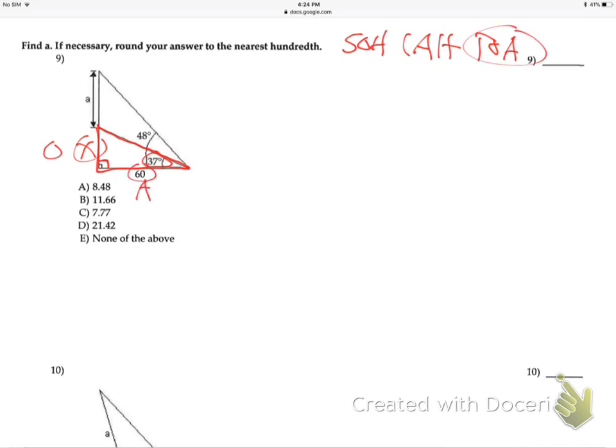That's tangent, right? So tangent of 37 degrees is opposite x over adjacent 60. So now we can solve that equation for x, multiply both sides by 60. So x equals 60 tangent 37.